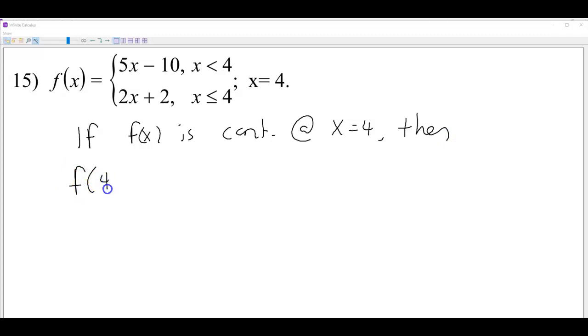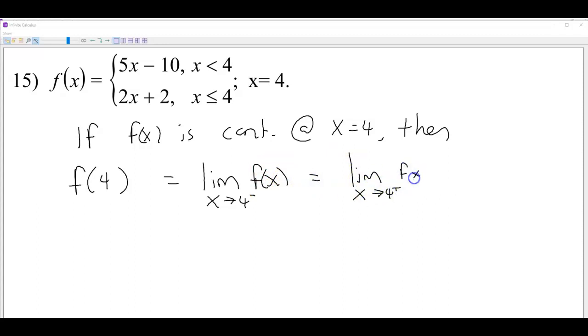F of 4 would have to be equal to the limit as x approaches 4 from the left and as x approaches 4 from the right.